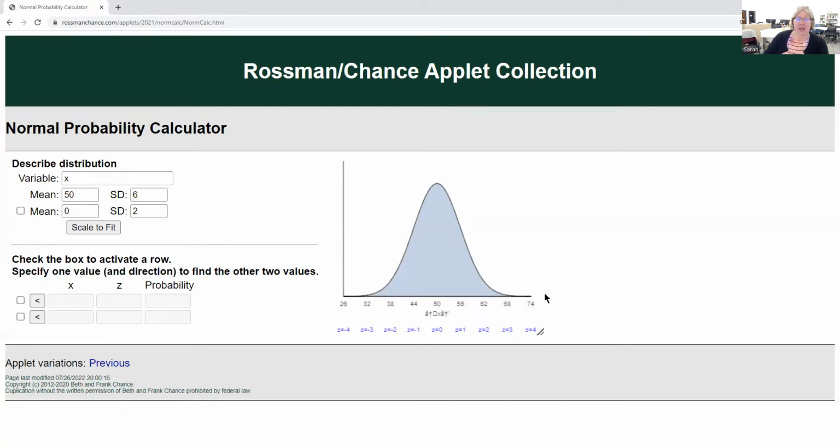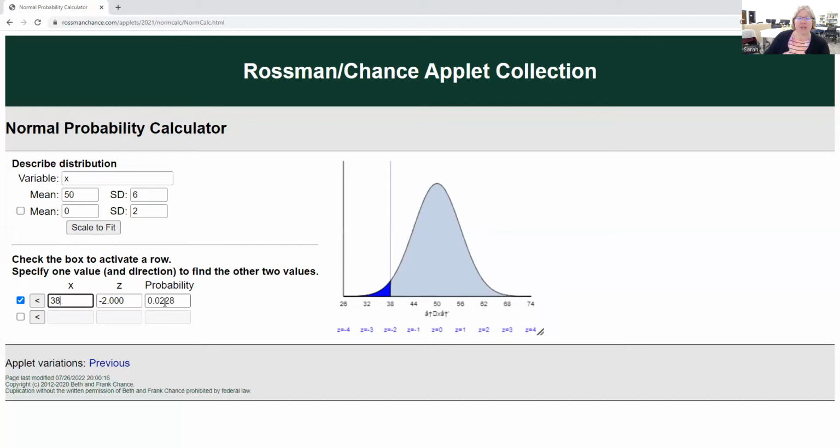And the question is, what percentage of batteries do you expect to replace? So earlier in the problem, it says they're going to replace all the batteries that last less than 38 hours. I'll click this first checkbox, and I'll put a 38 in for X. And that is the less than side. So we're expecting to replace 0.228, or that would be 2.28%.